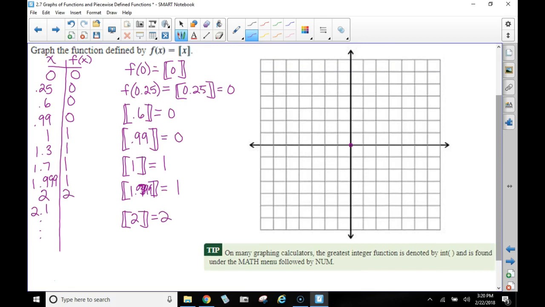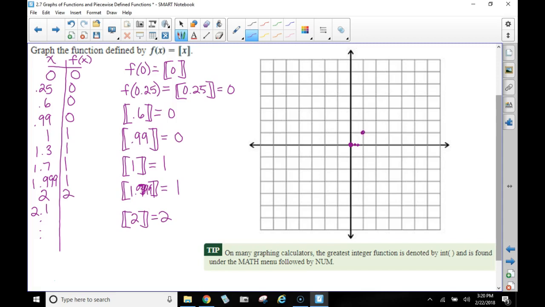And so when we go to plot some of these ordered pairs, at 0, 0, we're going to have a closed circle there. 0.25, 0. 0.60, 0. 0.99, 0. But when we get to 1, it's 1.